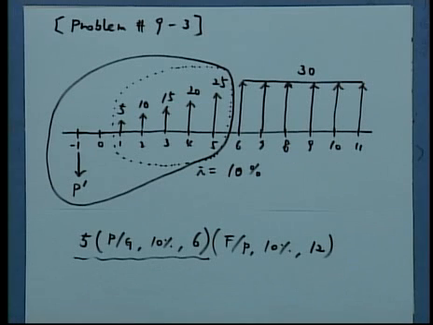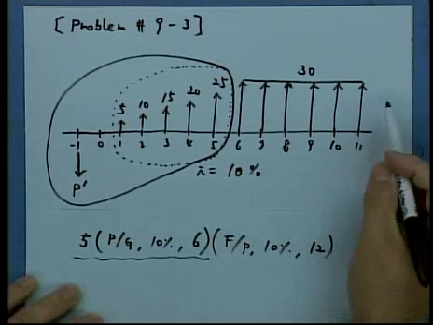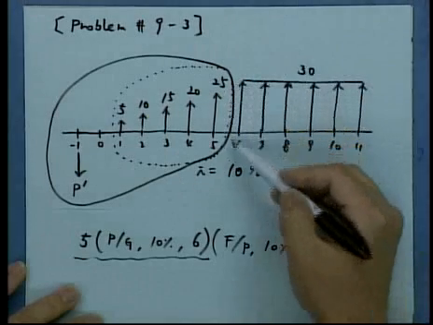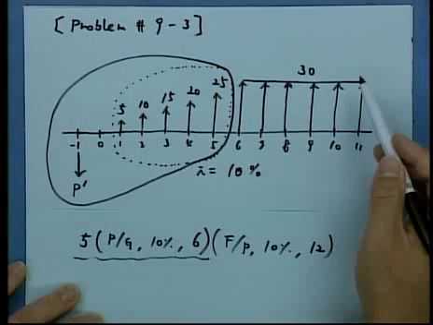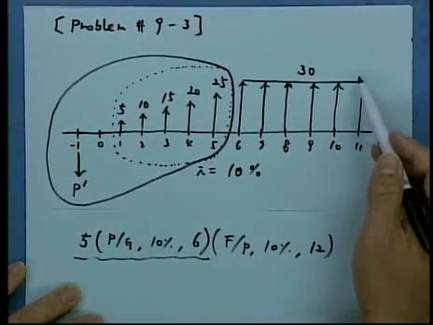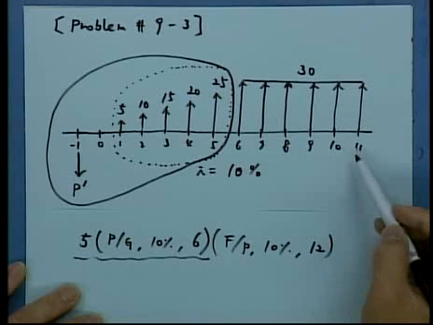Now what is left over? We need to convert the last 6 cash flows to an equivalent future sum at the end of period 11. Is that right?